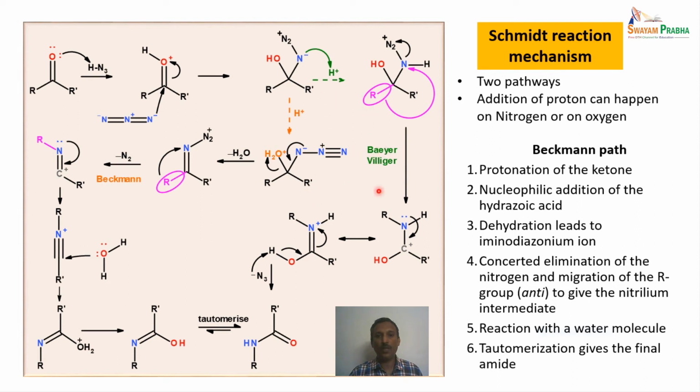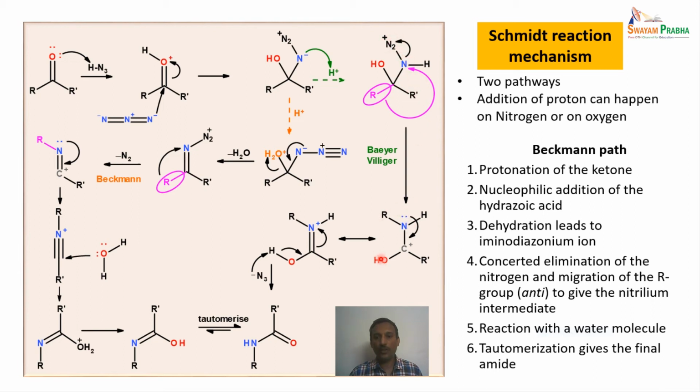Let us follow the Baeyer-Villiger pathway first. Now the proton is abstracted by the nitrogen, followed by the immediate rearrangement, that is, the alkyl group migrates from the carbon to the nitrogen, and the nitrogen gas is lost simultaneously. So two things happen simultaneously: the migration of the alkyl group and the loss of nitrogen gas.